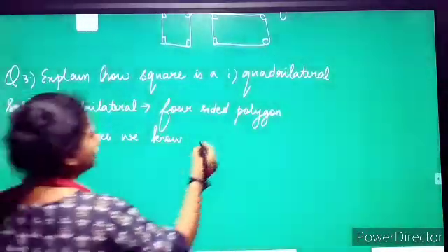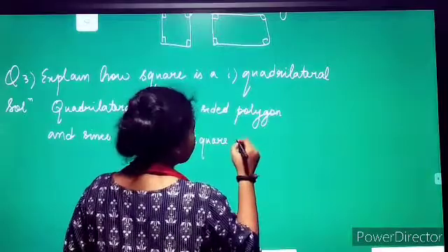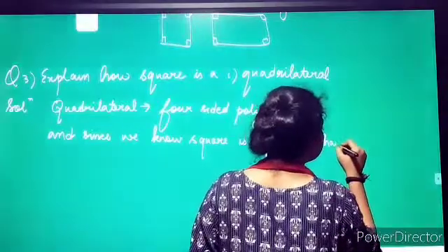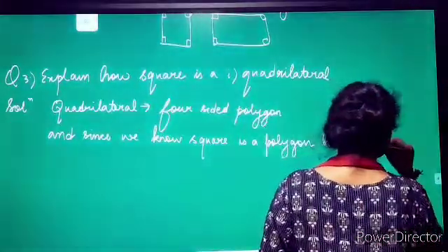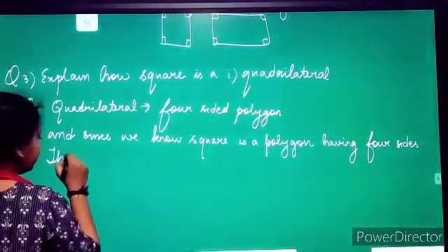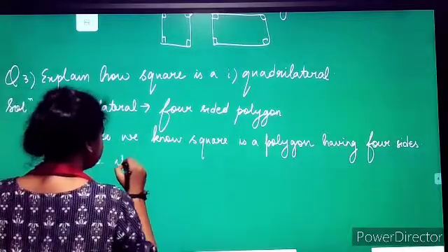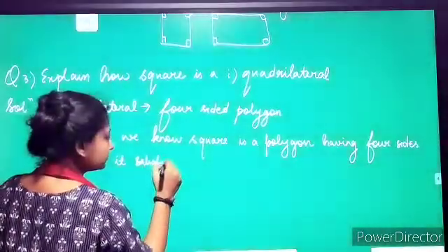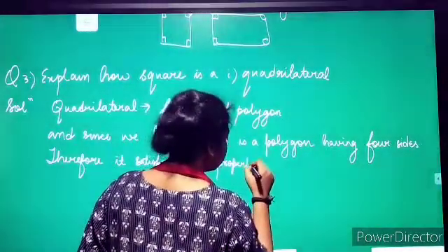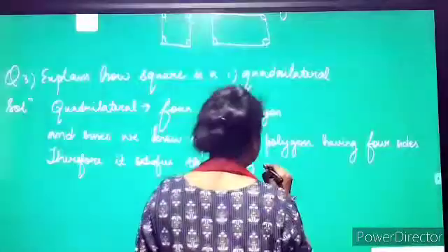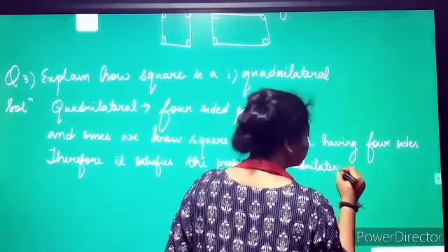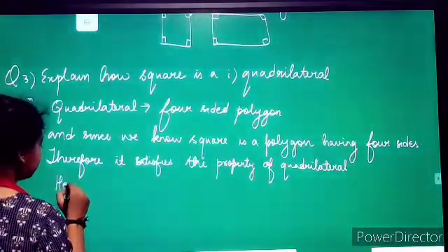And since we know square is a polygon having 4 sides, therefore it satisfies the property and the definition of quadrilateral. Hence, square is a quadrilateral.